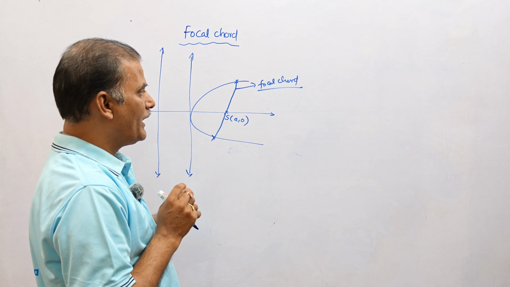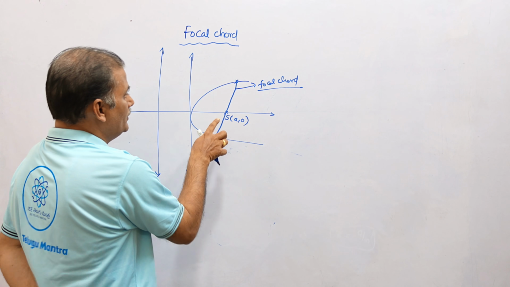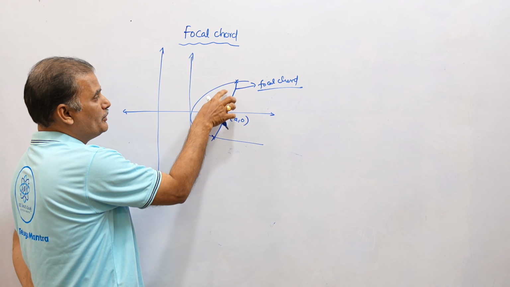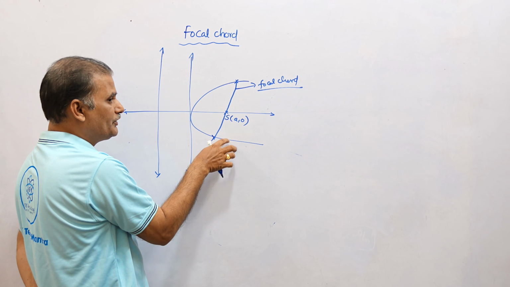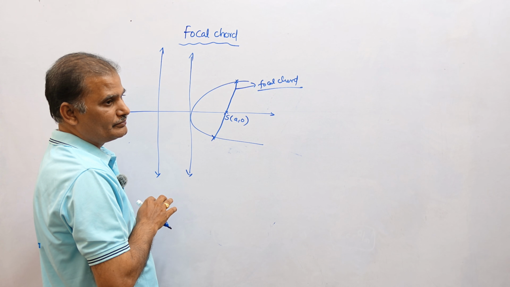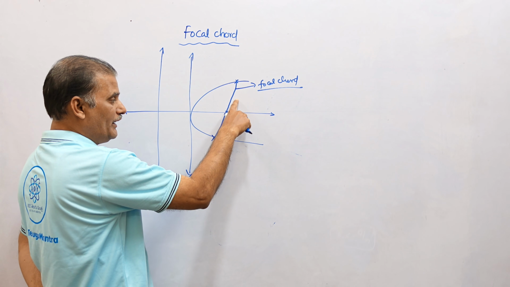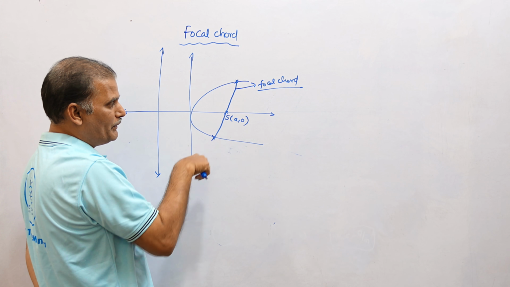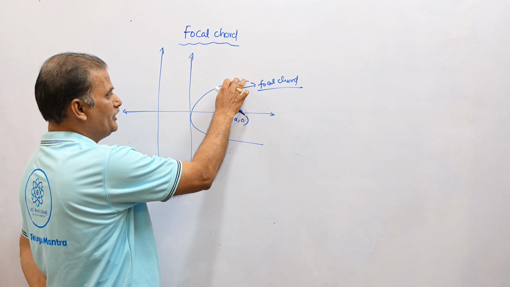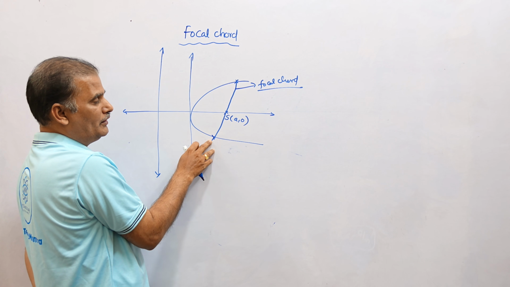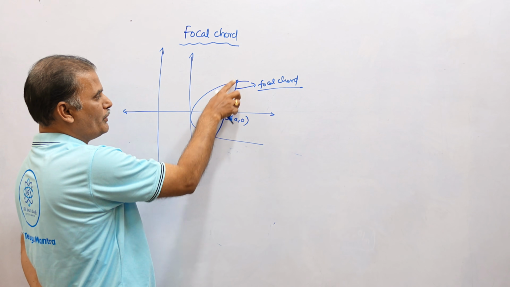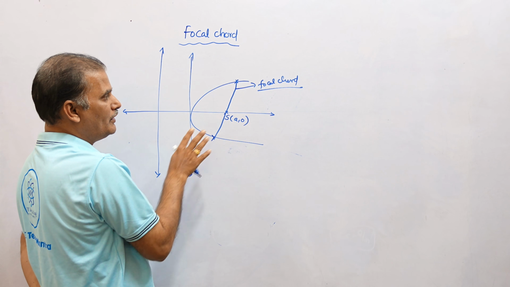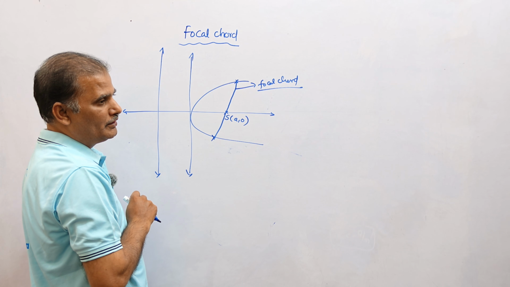The line that passes through the focus and is perpendicular to the axis is called the latus rectum. This line segment passes through the focus and it is not perpendicular. Take any 2 points on the parabola; the line segment joining these 2 points which passes through the focus is called a focal chord.